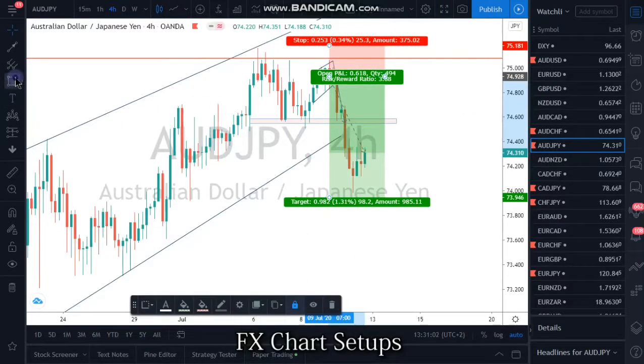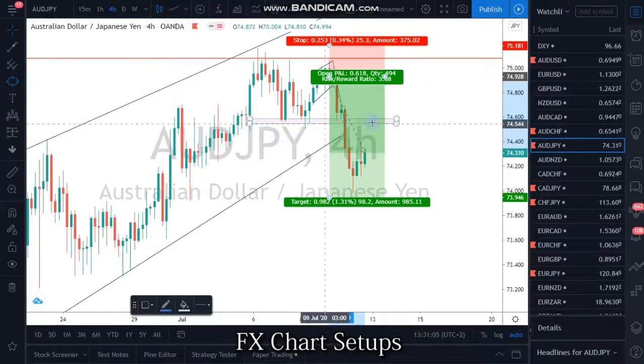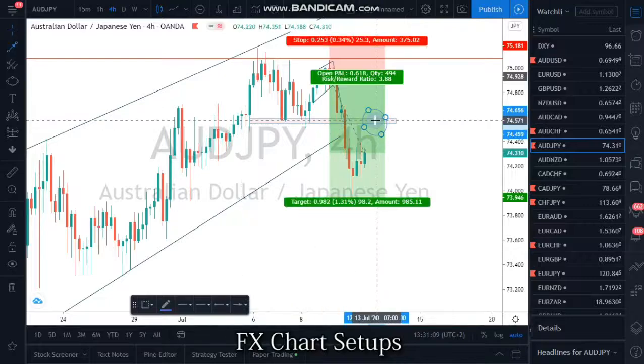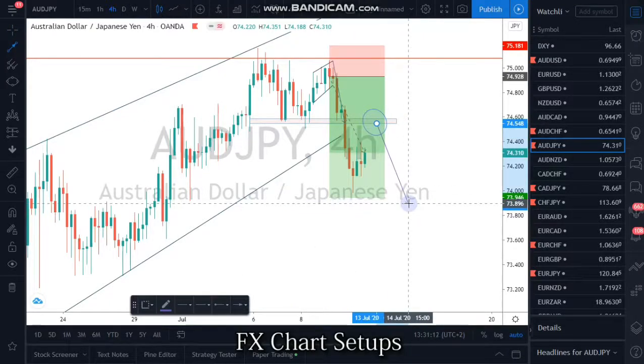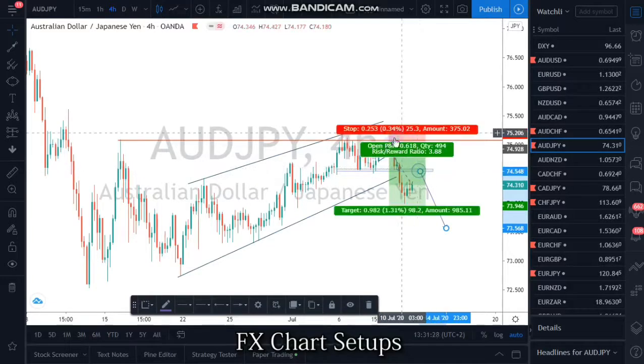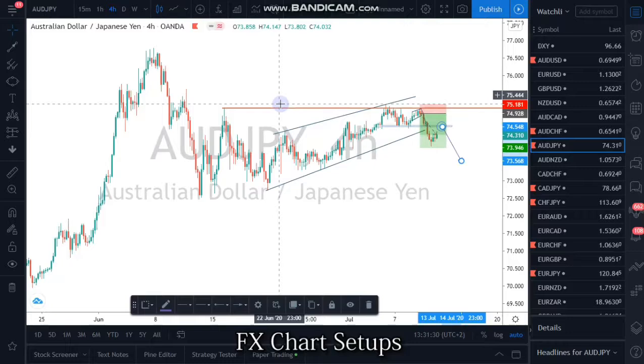So this is essentially the area that we will be looking for another shorting, or well, a scale in opportunity on our previous trade down, hopefully to first of all hit targets on this position, and then what we'll actually do is probably look to hold and see how far this position runs. But this is definitely an area that we're going to look to scale in this trade that we've already got running.